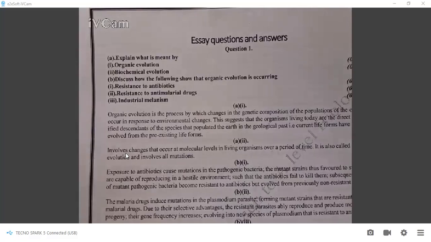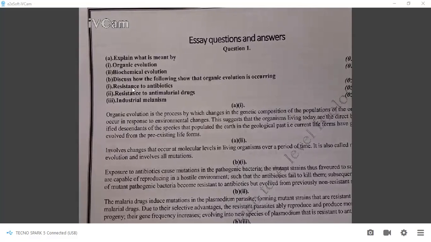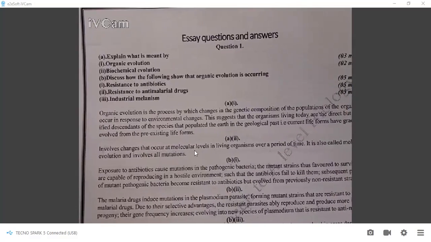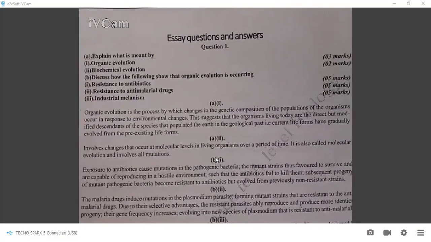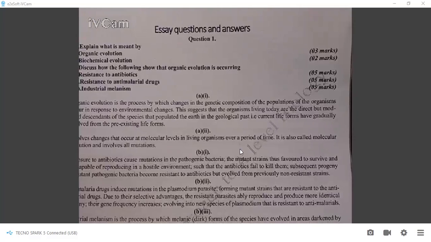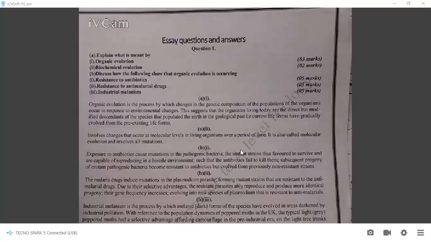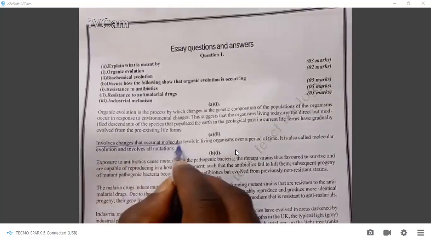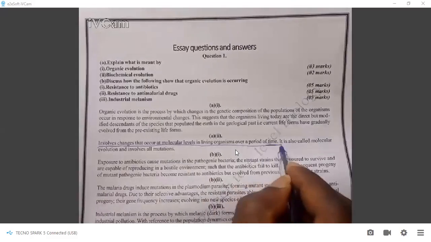Are you seeing this? Therefore, biochemical evolution involves change that occurs at a molecular level in organisms over a period of time. It's also called molecular evolution, into small mutations. Therefore, this is what you can state. That one you see I'm underlining up to here.